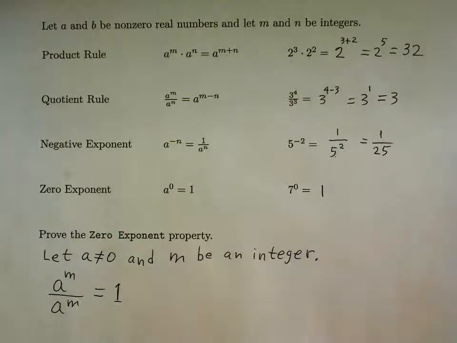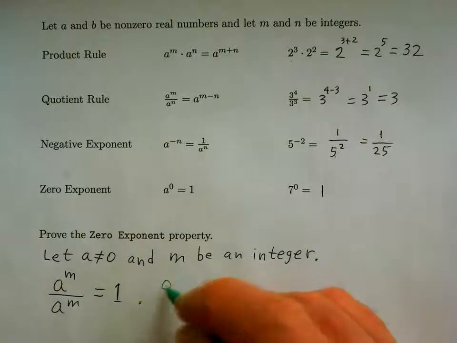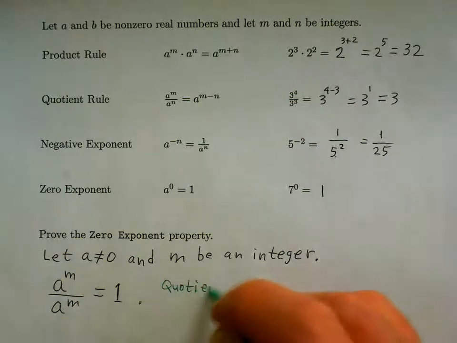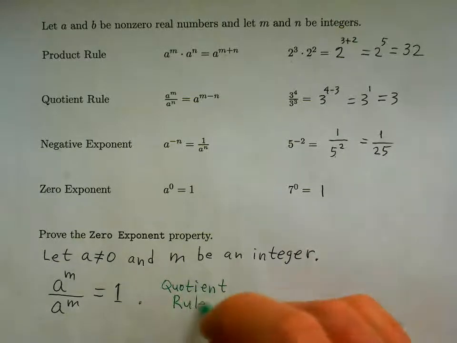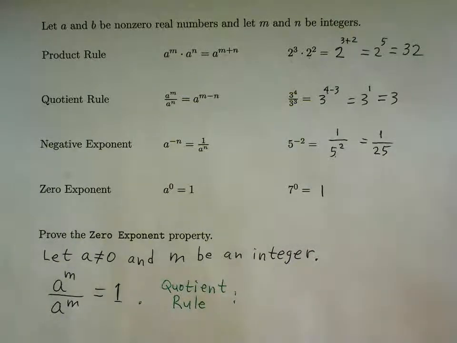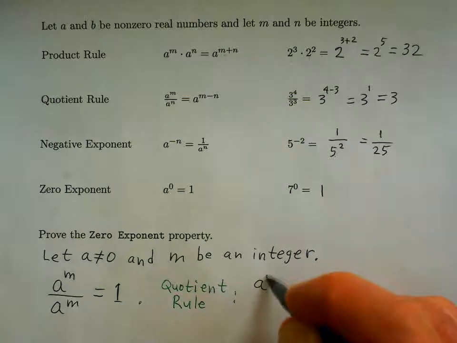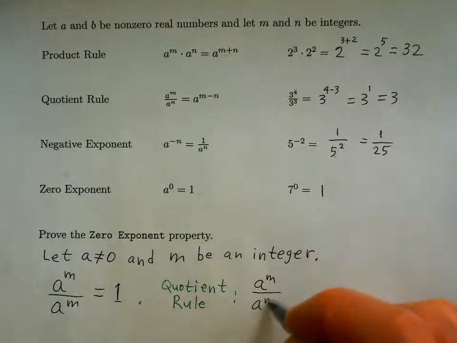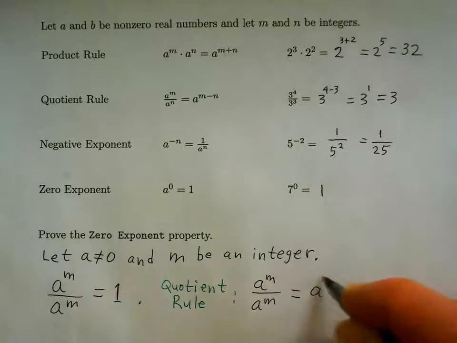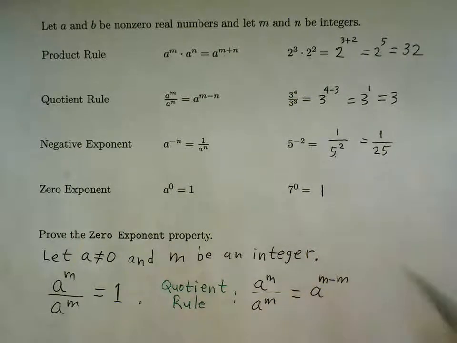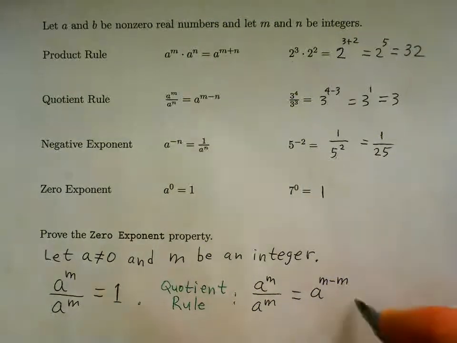But then if we use the quotient rule on a to the m divided by a to the m, so a to the m divided by a to the m is equal to a to the m minus m. That's according to the quotient rule. But m minus m is 0.